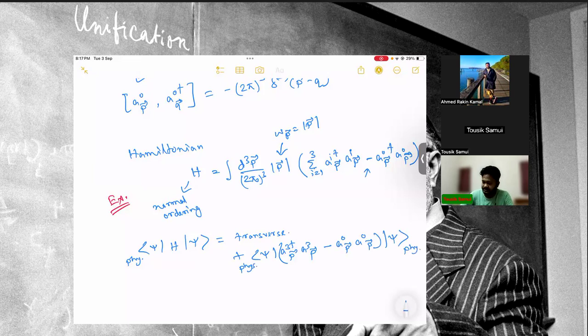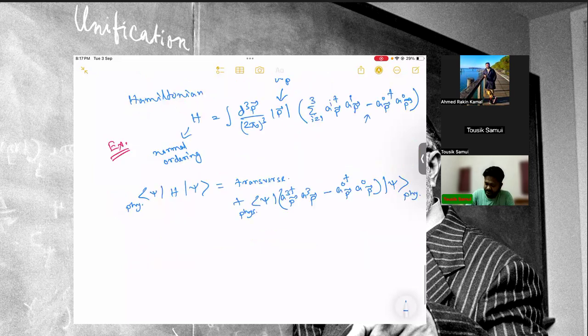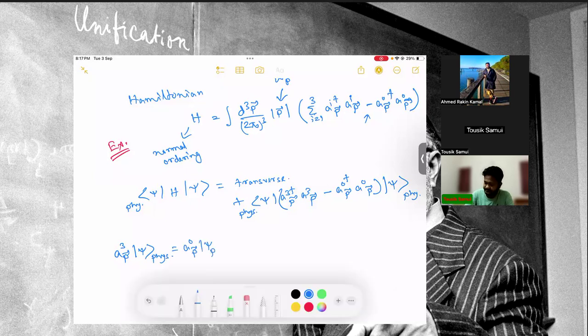Now remember, the equation is no longer there, but let me write it again. The Gupta-Bleuler condition says that if it is a physical state, then these two are equal, for any physical state.